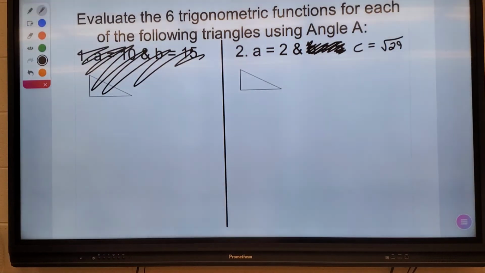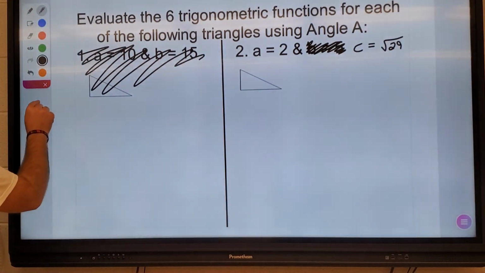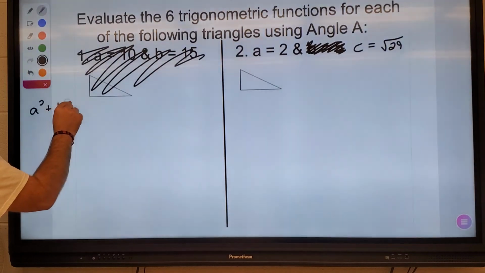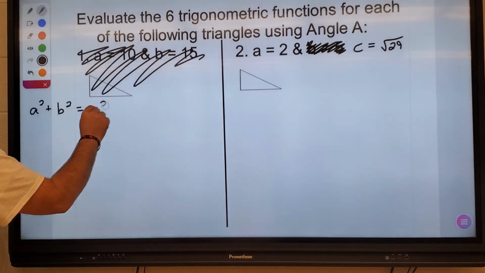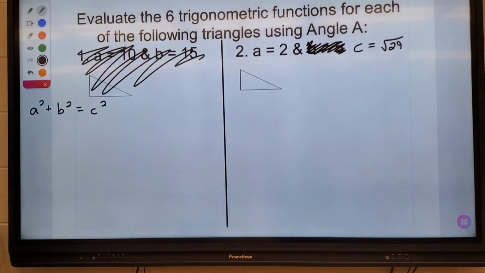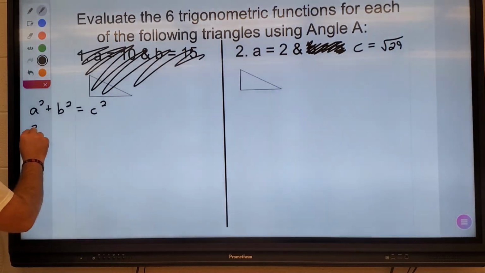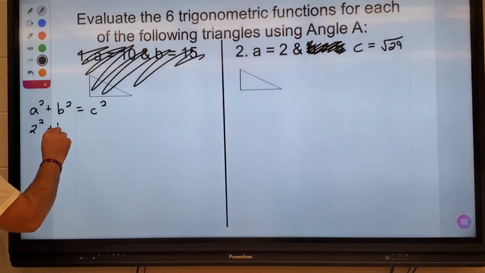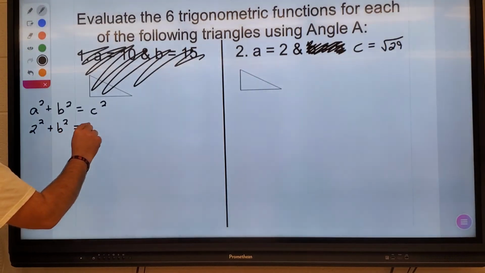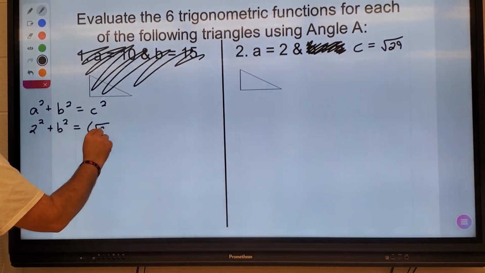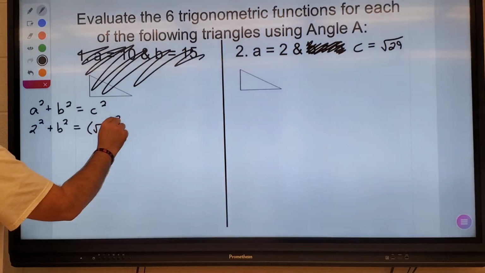Okay, I have A squared plus B squared equals C squared. I know the value of A and C, so I'm going to plug in for those. So I have 2 squared plus B squared equals square root of 29 squared.